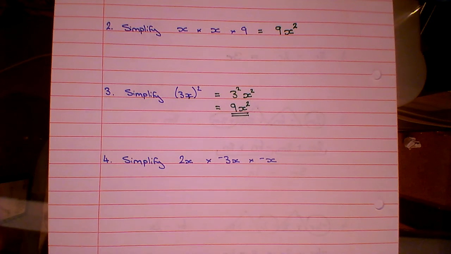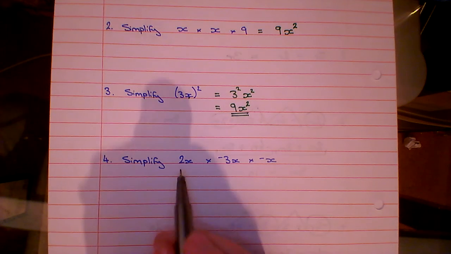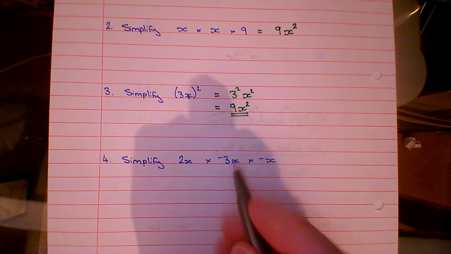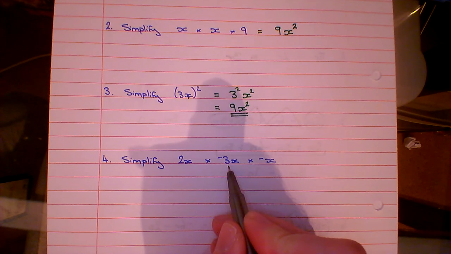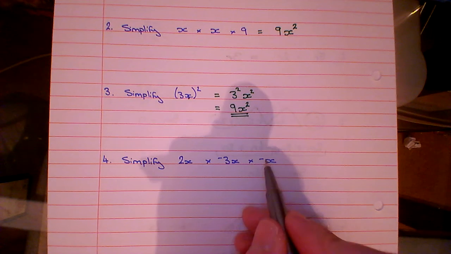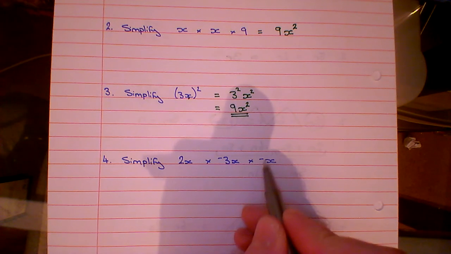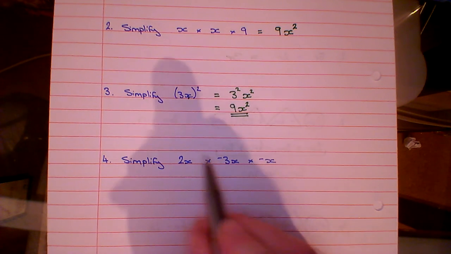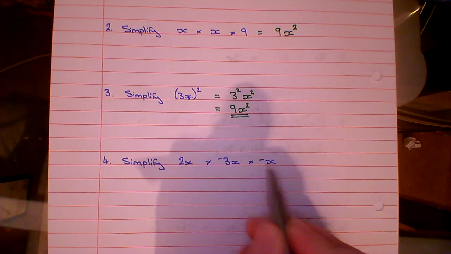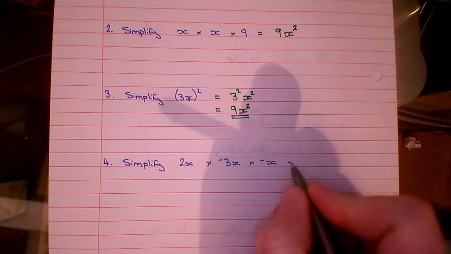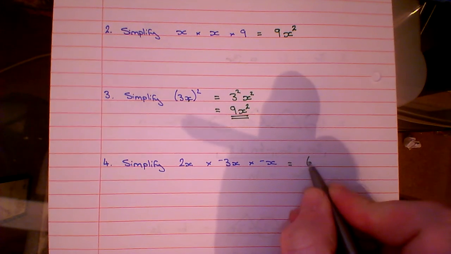And then finally, we've got some negatives here. So first thing I'm going to do is I'm going to go through, multiply all the numbers through. So I've got 2 multiplied by negative 3, well that's negative 6, multiplied by negative 1, so negative 6 times negative 1, well that's 6.